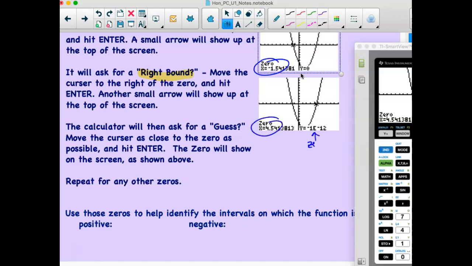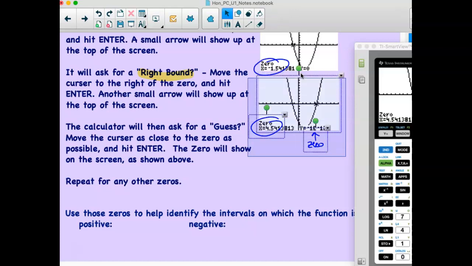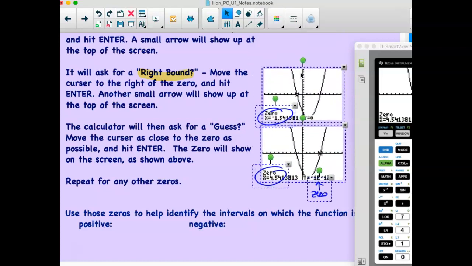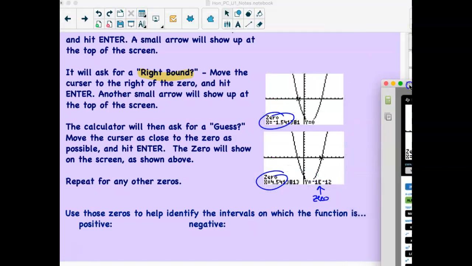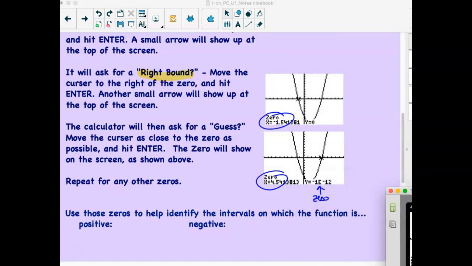That is supposed to represent 0. It's just a really small number, scientific notation. Unfortunately, that's kind of the way that it works, right? So my zeros are negative 1.54 and then what? Positive 4.54. So again, we kind of see that symmetry as far as the same values repeating themselves, one on the positive x-axis, the other one on the negative.